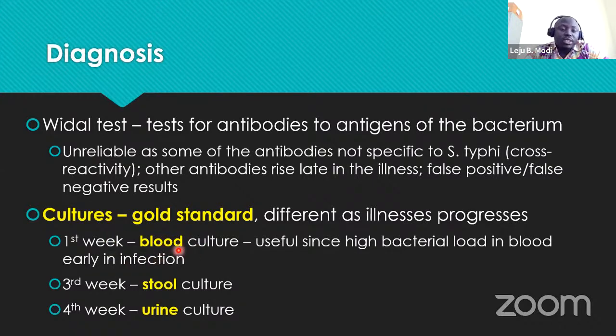So in the first to second weeks of signs and symptoms or infection, blood culture can be done, and it will really tell whether the Salmonella typhi bacterium is present in the blood or not, because within these 2 weeks, there's a lot of multiplication of the bacterium, and therefore it will be in high population in the blood.